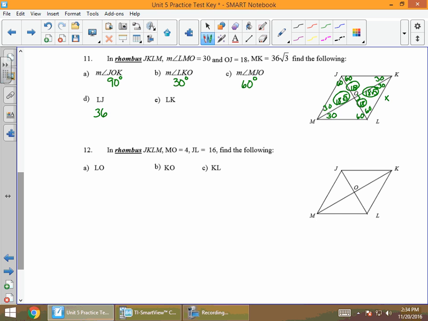The short side of the triangle across from the 30 is m. Across from the 90 is 2m. And across from the 60 is m radical 3. So 18 is equal to m. M radical 3 is equal to 18 radical 3. So the hypotenuse here has to be twice the short leg. Twice 18 is 36.